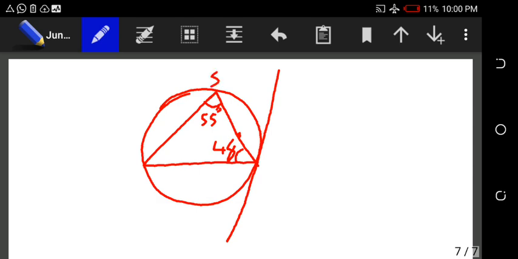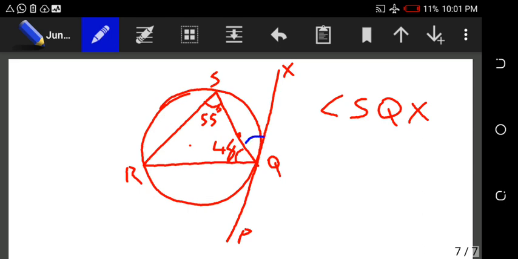Here is S, here is X, here is Q, here is P, and here is R. So considering this given diagram, evaluate angle SQX. So you have to find the value of the angle here.